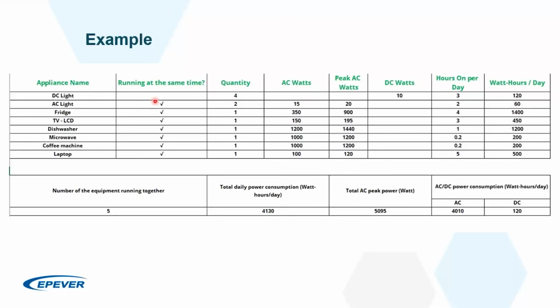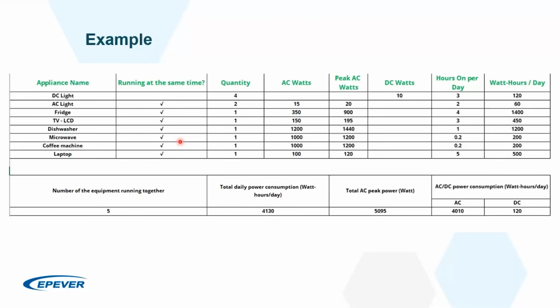And if they're running at the same time, this is absolutely the worst case, that you have all your consumers running at the same time. It really depends on your consumption style. Are you going to have all of the systems on together? And are you going to use all of them together at once?